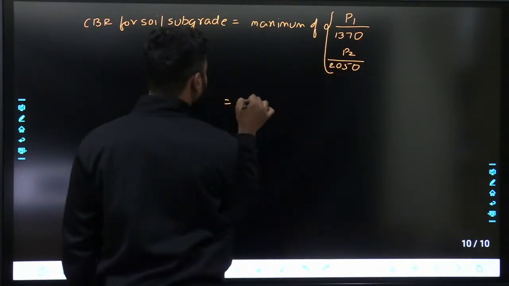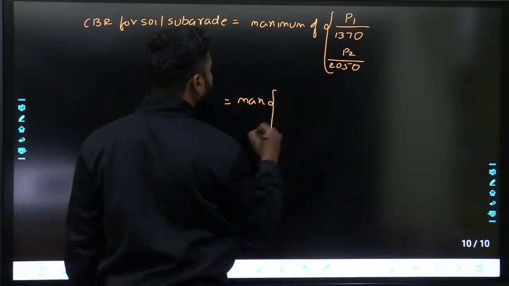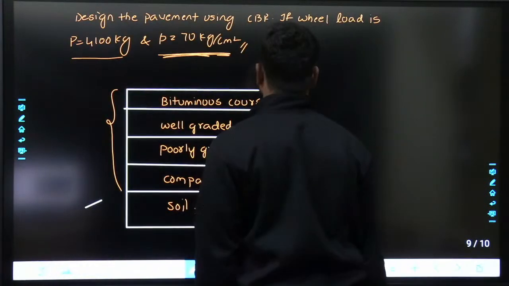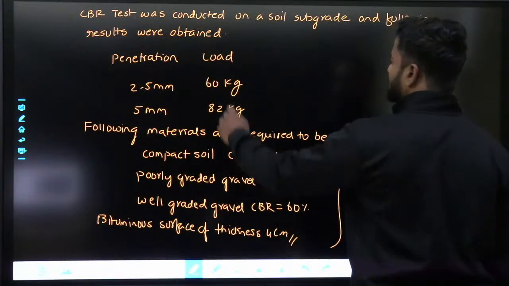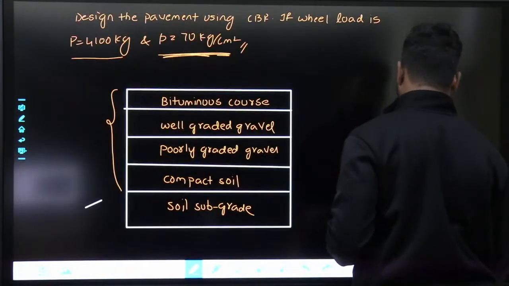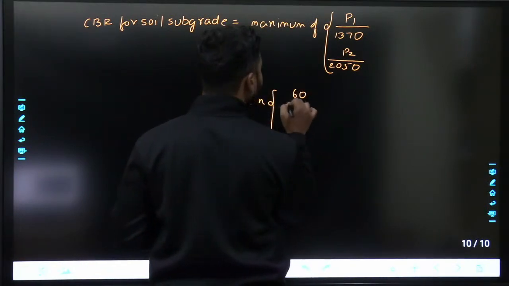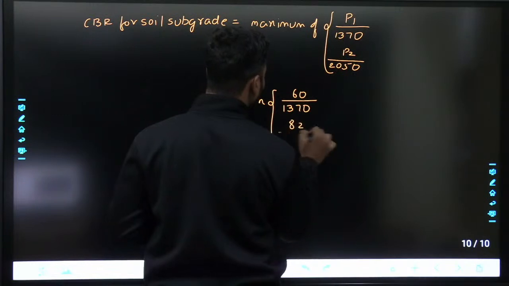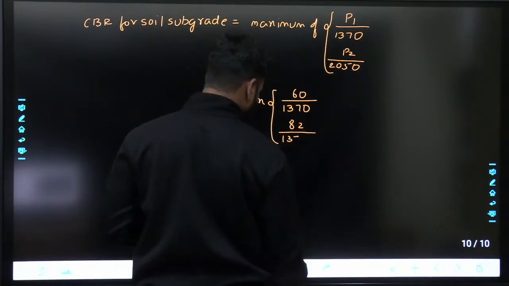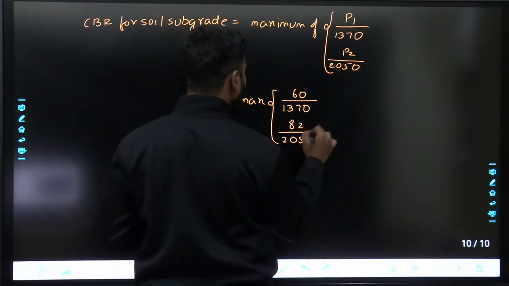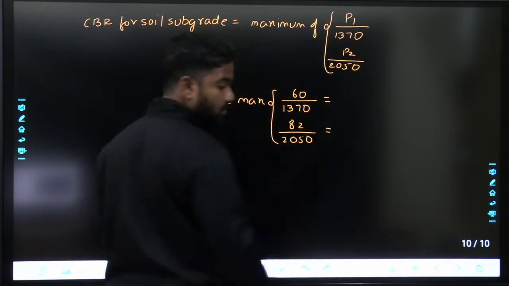P1 is 60 kgs and P2 is 82 kgs. So this is 60 upon 1370 and this is 82 upon 2050. Give me the answer in terms of percentages.